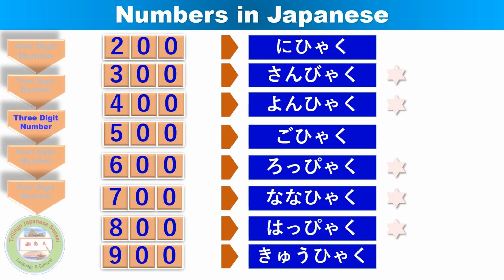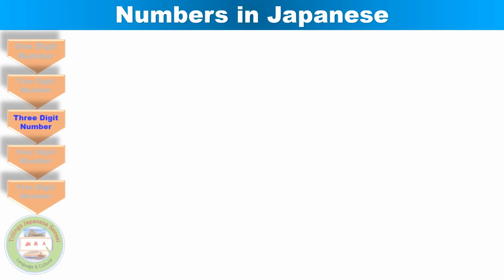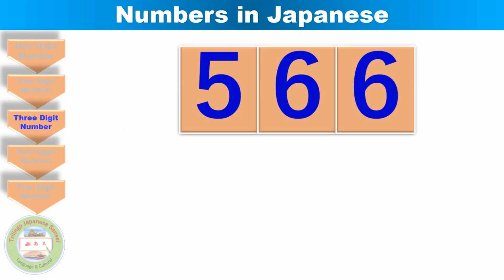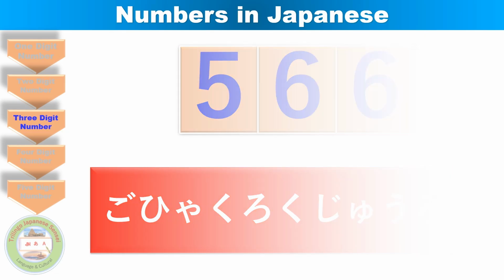Without further wait, let's test our knowledge of the 3-digit number system. The first number, 566. It has 5 hundreds, 6 tens, 6 ones. 500 means gohyaku, 60 means rokuju, 6 means roku. Combined together, 566.